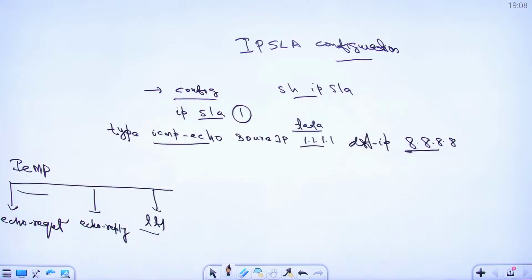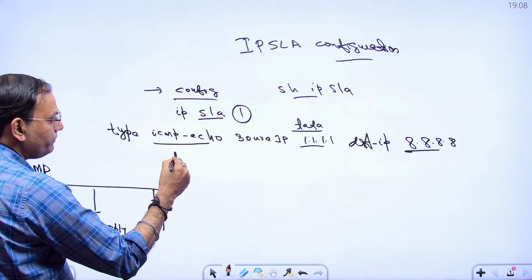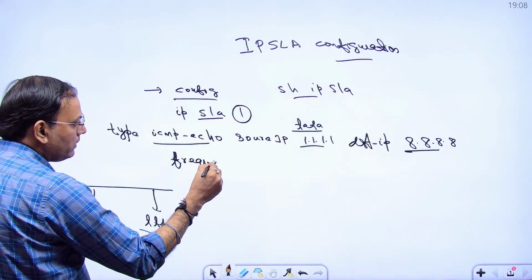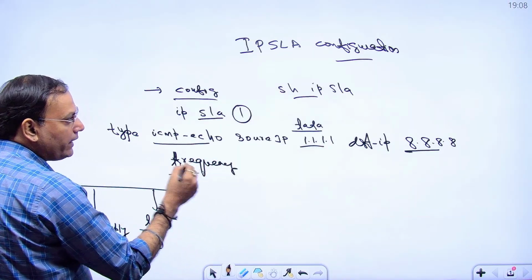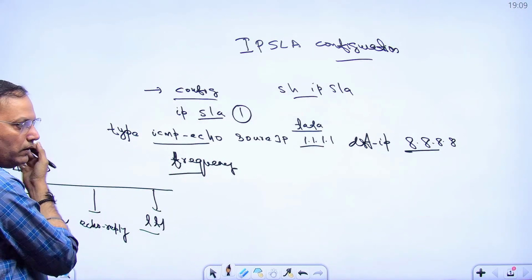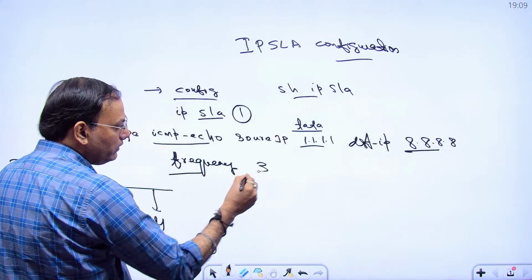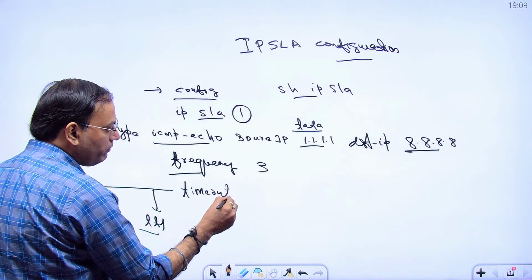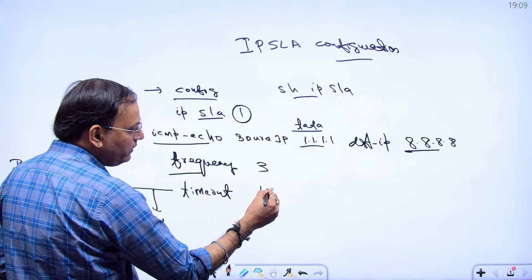There are 11 or 13 requests, right? Then I will mention frequency, means in how many seconds this ping will go. Let's say 3. Timeout, let's say 15 seconds.